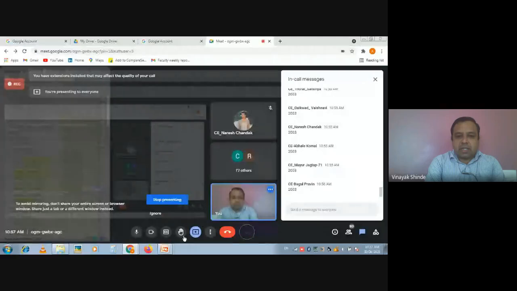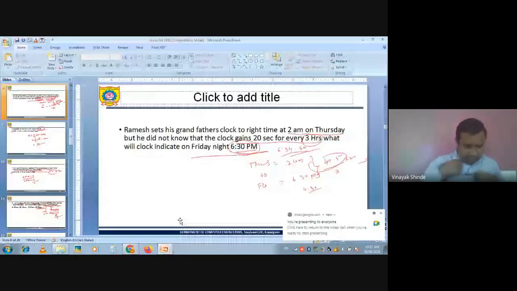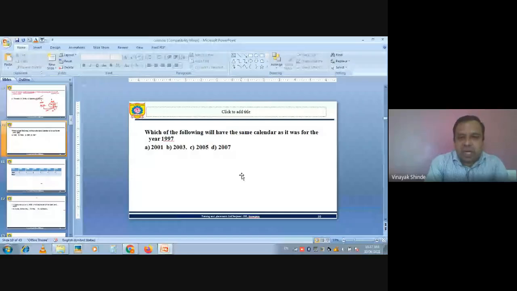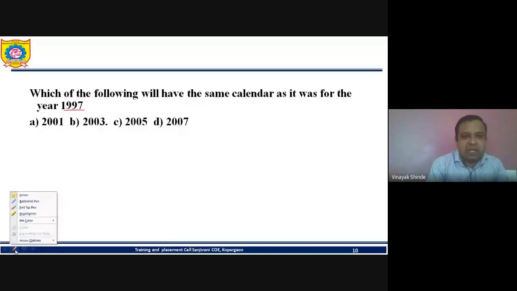So, what is the logic for this question? Which of the following will have the same calendar year? Same calendar year means whatever the days and dates we have in 1997, the same days and dates you should get in these years. One of the options is correct.